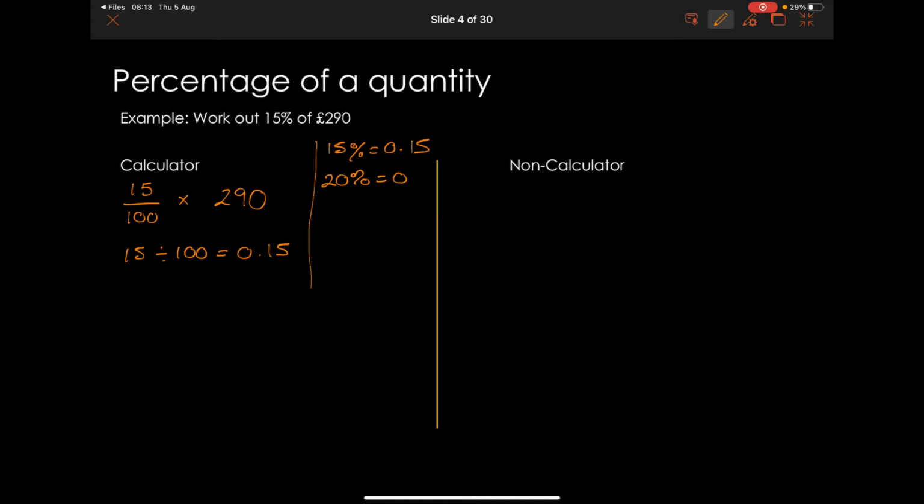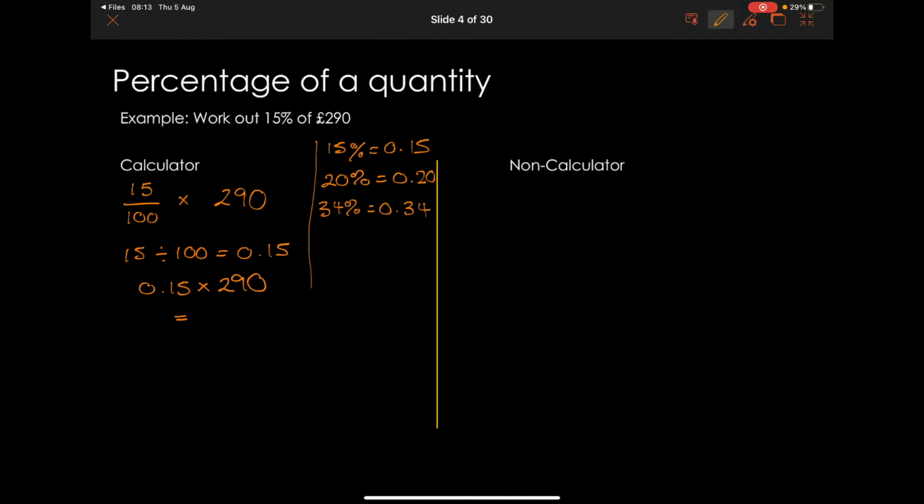20% is 0.2. If it helps you, you can put the 0 on the end. 34% equals 0.34, and so on. Okay, so 15 divided by 100 gives us 0.15. We then times that by 290 to give us the amount.